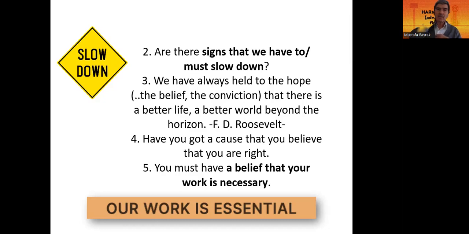Or I think yes. Okay. Are there signs, does this part of the road have signs that we have to slow down?